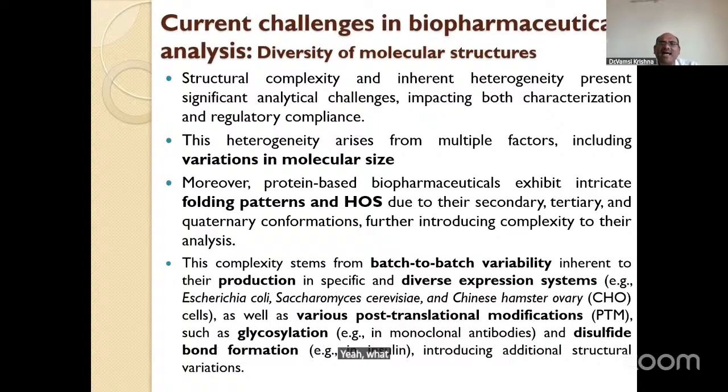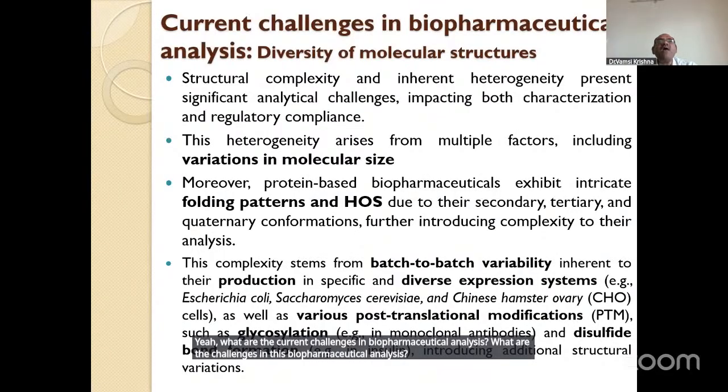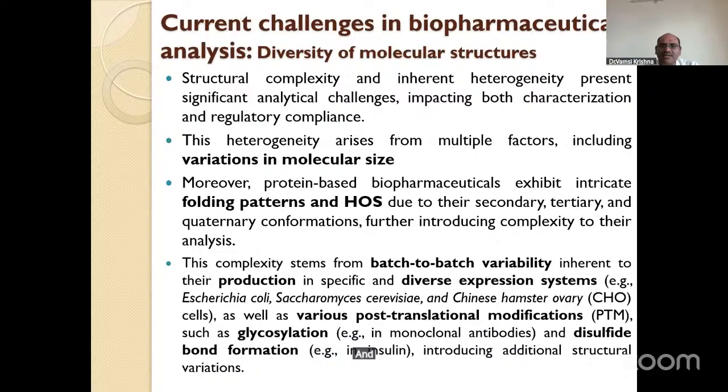What are the current challenges in biopharmaceutical analysis? Biopharmaceutical products have very diverse molecular structures. This structural complexity and inherent heterogeneity present significant analytical challenges and will impact characterization and regulatory compliance.